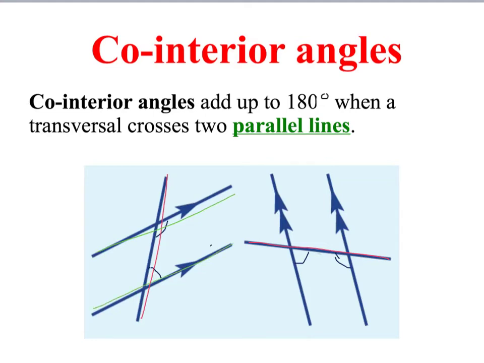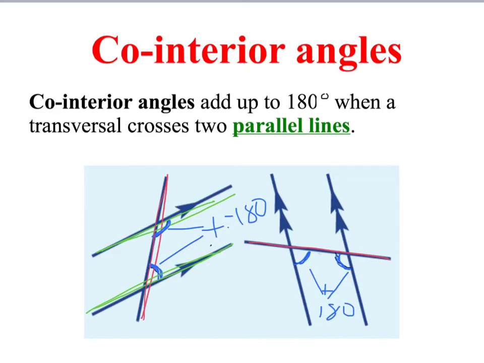The cointerior angles are this angle here and this angle here, the interior angles. The sum of those 2 angles, so this one plus this one, will equal 180, just like this one plus this one will equal 180. Cointerior angles add up to 180 when two parallel lines are crossed by a transversal.